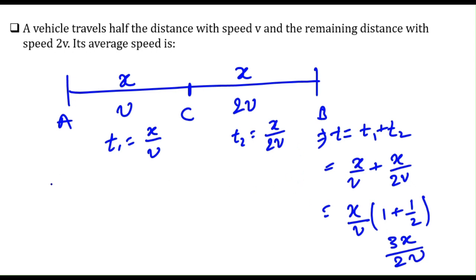This is total time, and total distance is x plus x, which is 2x.